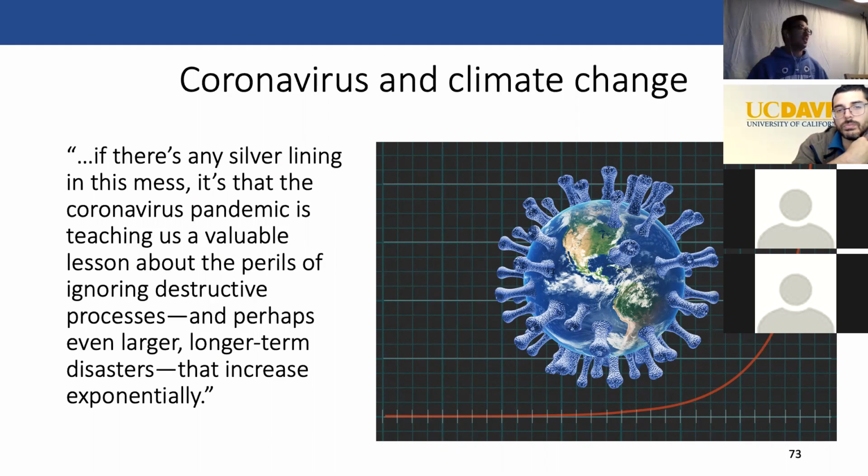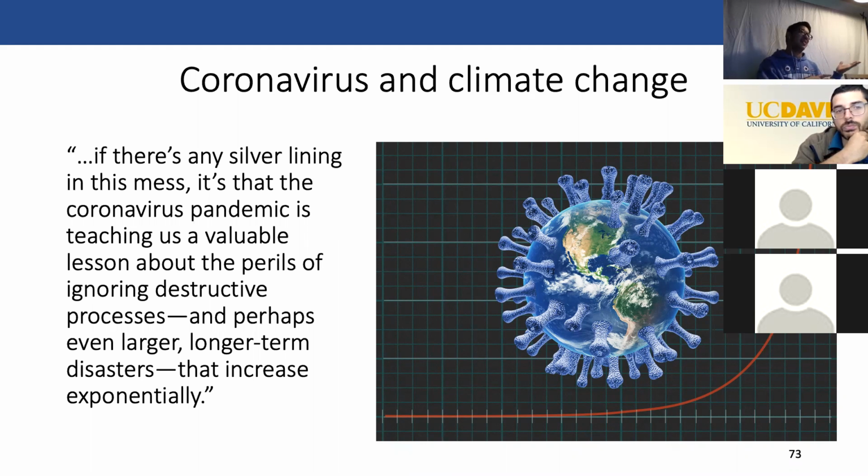But I've also been reading a lot of articles that are talking about our inability to deal with coronavirus similarly mirrors our inability to deal with climate change, and where we need rapid response, we don't see that happening even in something as severe as coronavirus, which is happening very quickly.